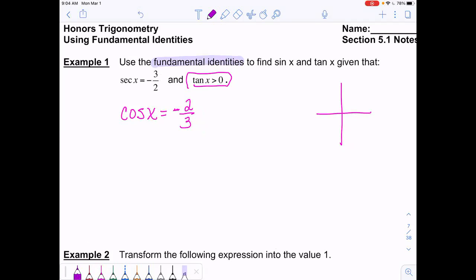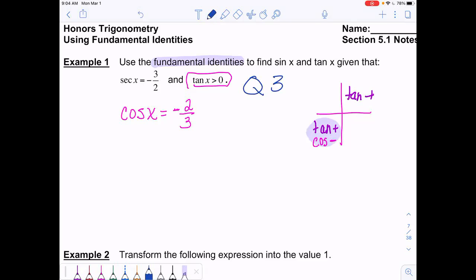Well, every function is positive in the first, so we know tangent is positive here. Where else is tangent positive? In the third. So tangent is positive in the first and tangent is positive in the third. Cosine is negative also in the third. So our angle is going to be located in quadrant 3.